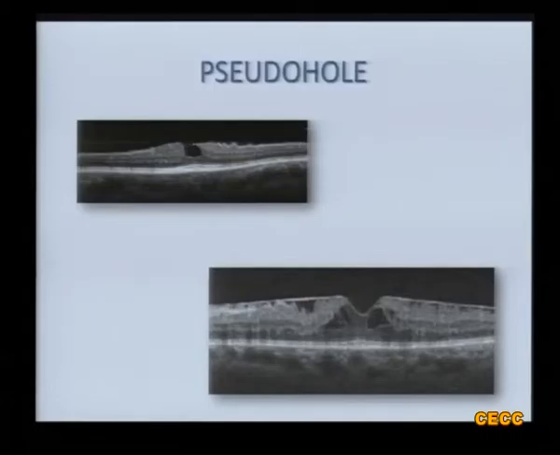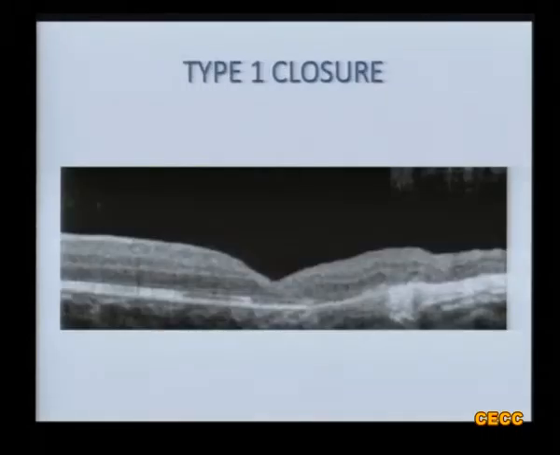You can see that the central retinal thickness is maintained, and all photoreceptor layers and everything are intact. Once you do surgery, OCT is again important because some of the patients may not benefit much from the surgery. So you have to do an OCT, and you may have to show the patient that, see, I have done a good job, but the vision has not improved, maybe because of some other cause.